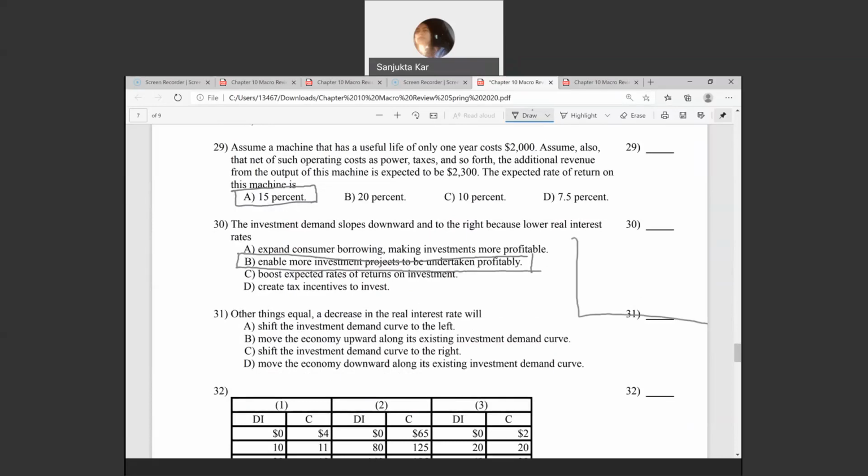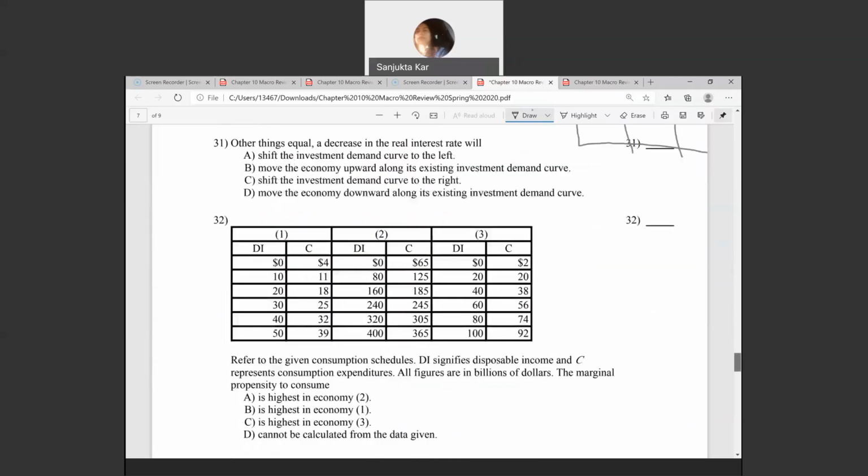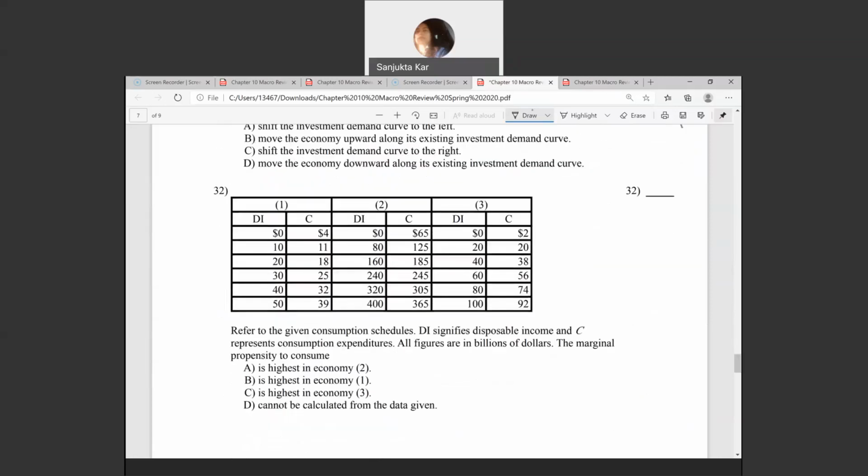So this has to do with movement along the investment demand curve. Question number 31, I'm going to skip. That's really easy. I'm going to go directly to question number 32. I have three sets of disposable income and consumption, three consumption schedules.